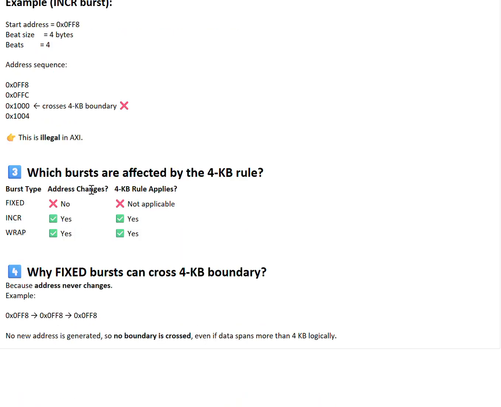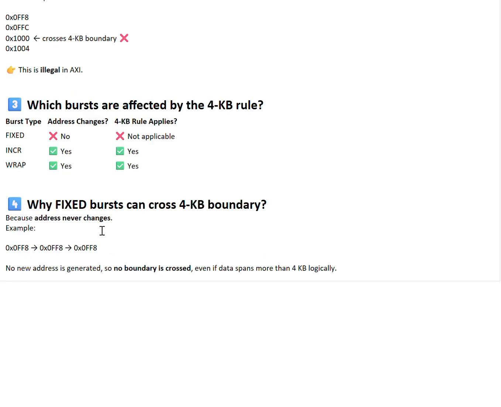Which bursts are affected by the 4KB rule? The fixed burst does not get affected by the 4KB rule. But the increment and wrap bursts are affected. Why can a fixed burst not cross the 4KB boundary? Because in a fixed burst, the address never changes.